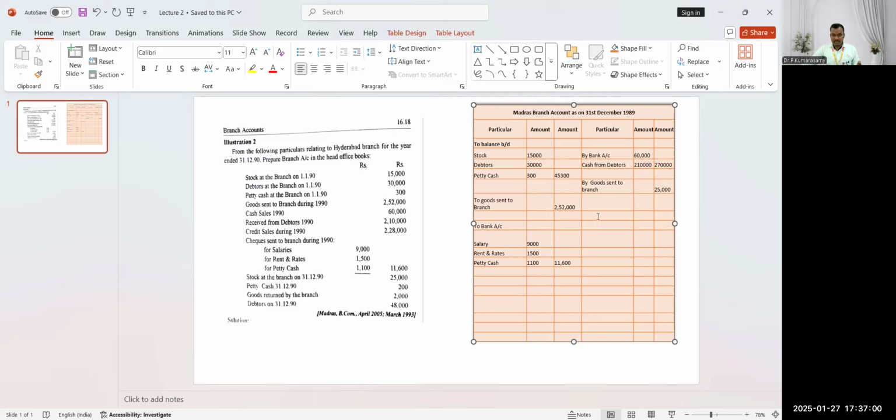Then closing details are given. You take by balance c/d. You take the closing value of branch assets. What are the closing values? One is stock, second is debtors, third one is petty cash.